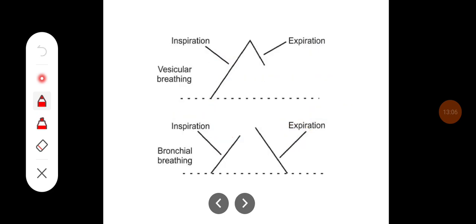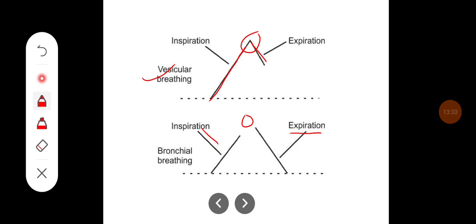You can observe here that the vesicular breath sound is a continuous sound, inspiration is prolonged, expiration is short and there is no gap. Whereas in the bronchial breath sound, there is a definite gap between inspiration and expiration, and the time required for inspiration and expiration is the same.